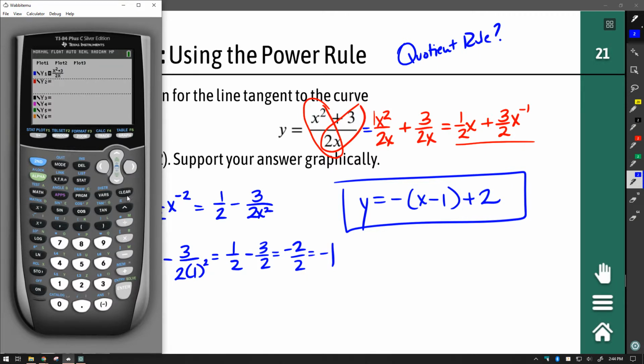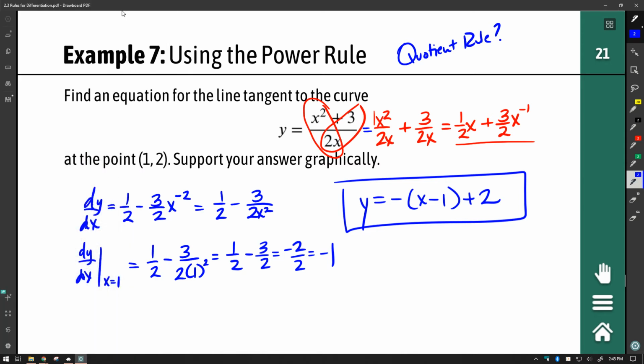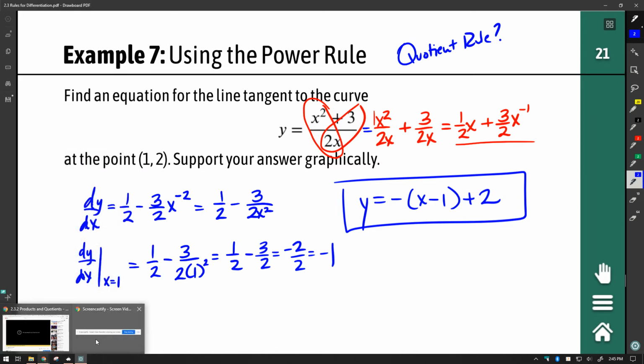And let's clear y2 and graph negative (x minus 1) plus 2, and let's zoom decimal for a nice even showing. Here's our function, two pieces to this one, and here comes our supposed tangent line, and I absolutely believe that's the correct tangent line at the point (1, 2). So we did all right there, and I hope you see me for another video.